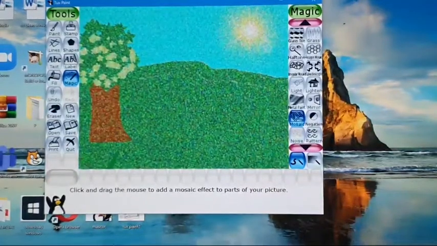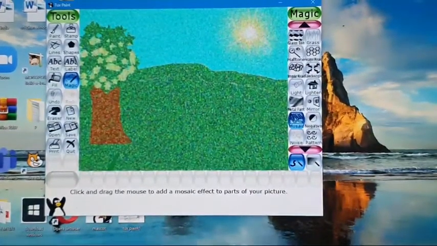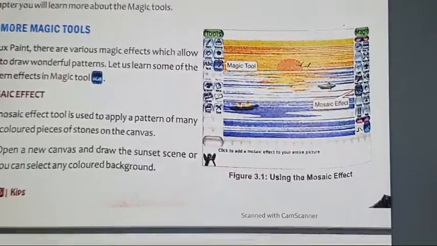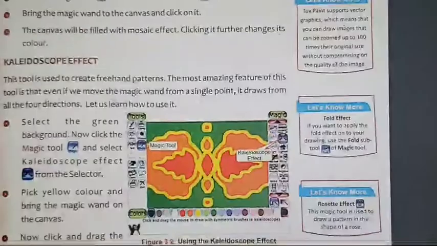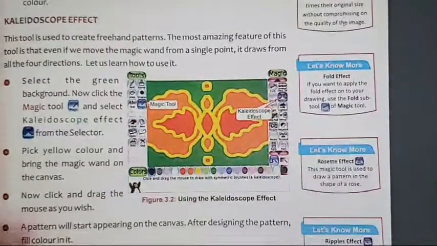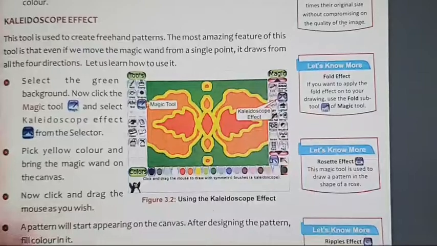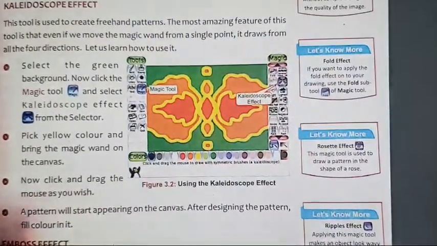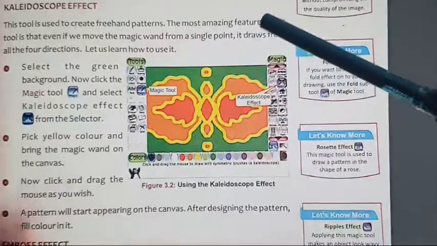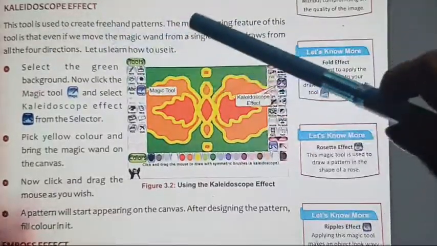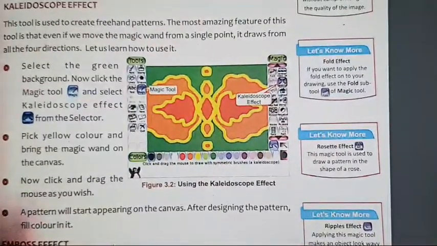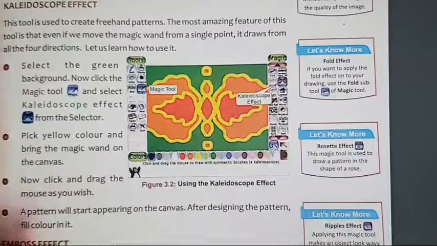Okay. Now the next effect we are going to study is the kaleidoscope effect. What is kaleidoscope effect? This tool is used to create freehand patterns. The most amazing feature of this tool is that we move the magic wand from a single point, but it is drawing from all 4 directions.